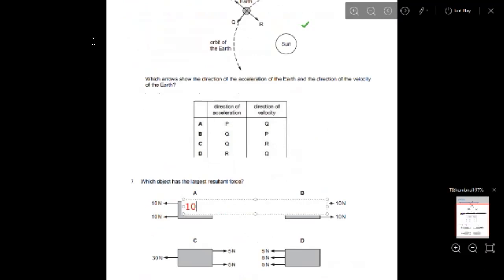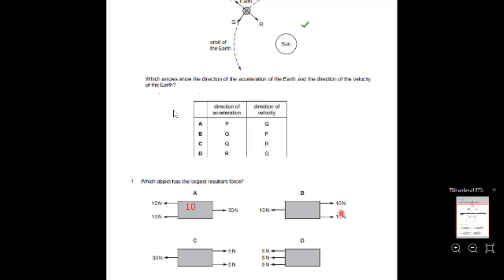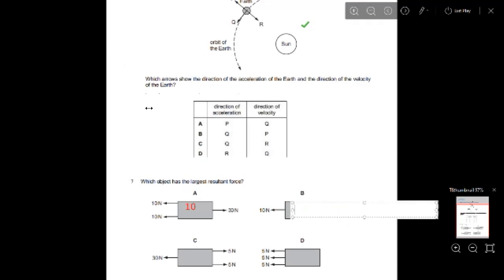And in this case, which is the second case, 10 newton plus 10 newton both are in the same direction, so we will add them together and it would become 20, and this 10 is in opposite direction, so 20 minus 10 is 10. So the resultant force is 10 newtons.